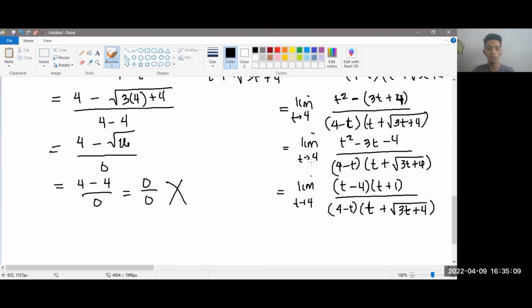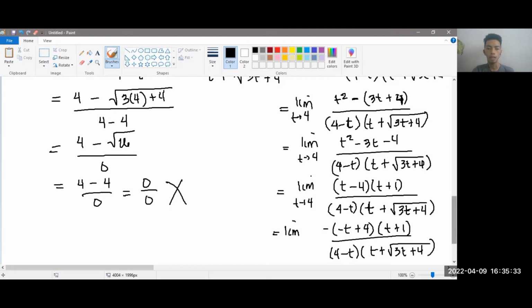So, pag finactor out natin yung negative sa taas, we will have negative of negative t plus 4 times t plus 1 all over 4 minus t multiplied by t plus square root of 3t plus 4.